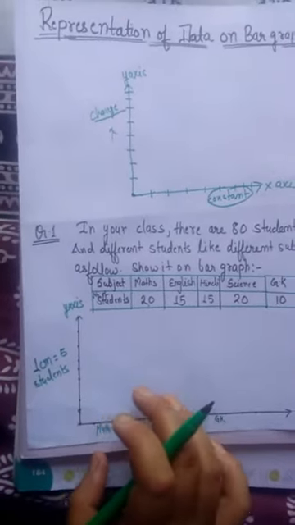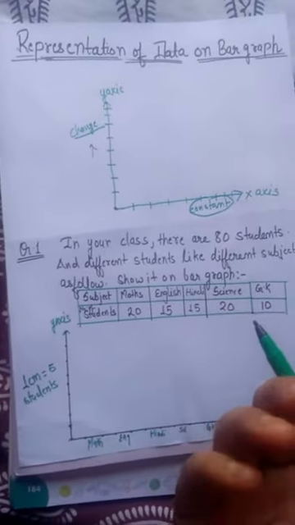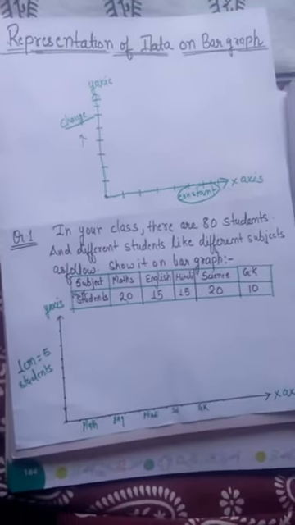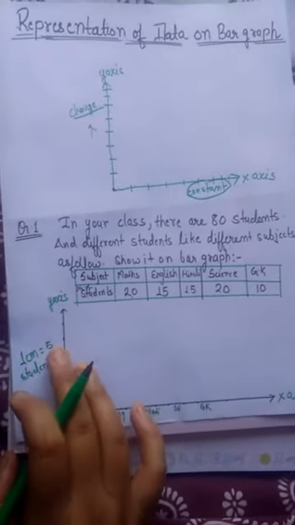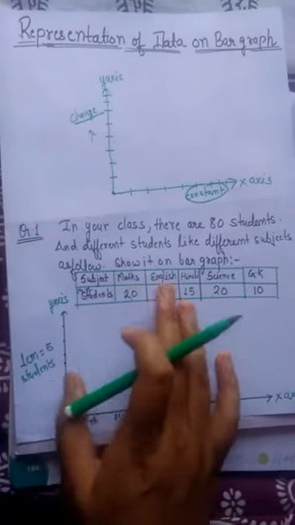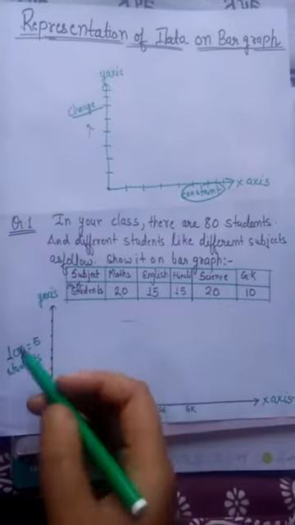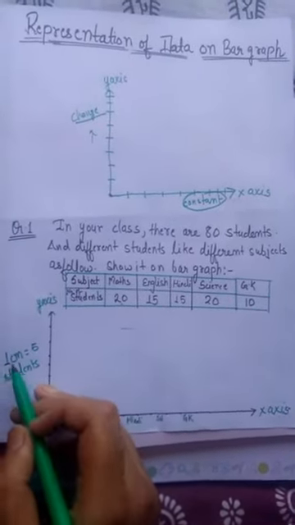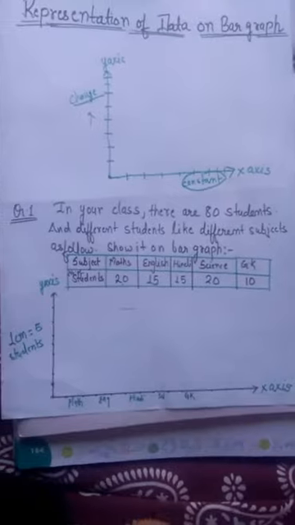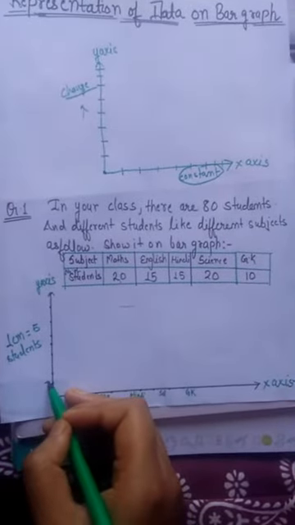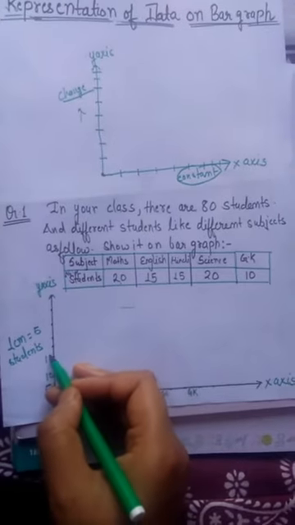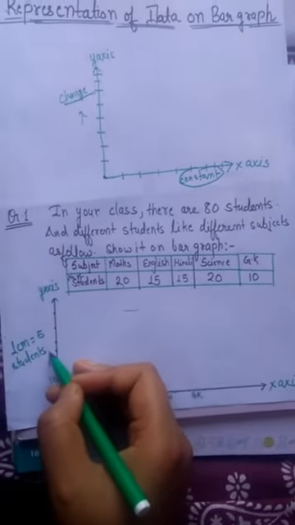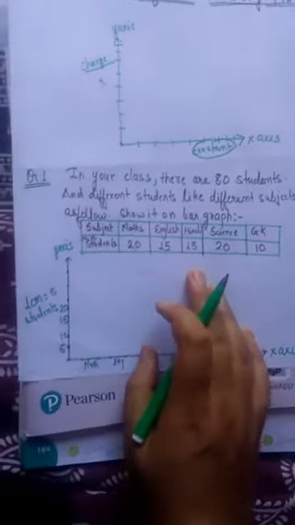According to the data, if the data is a greater quantity, then we suppose a greater number, but here it is not a very great number, so we take 1 centimeter equal to 5 students. Then here is 5 students, here 10 students, here 15 students, here 20 students.